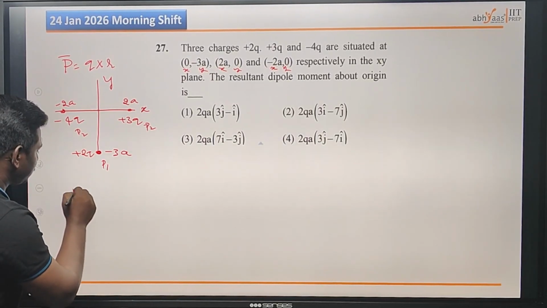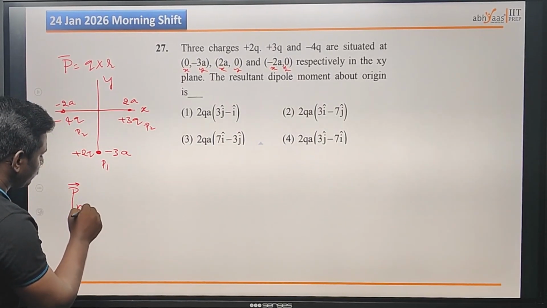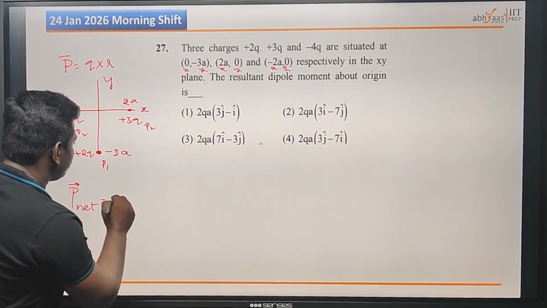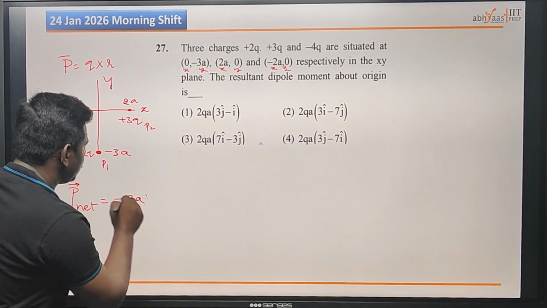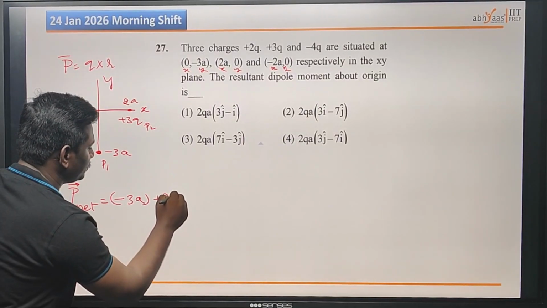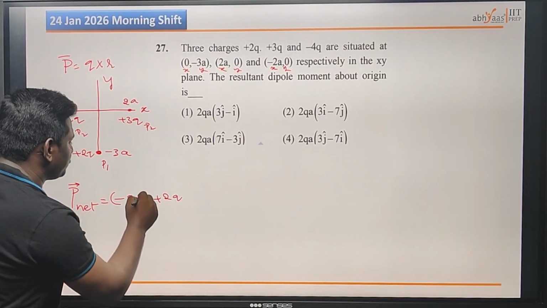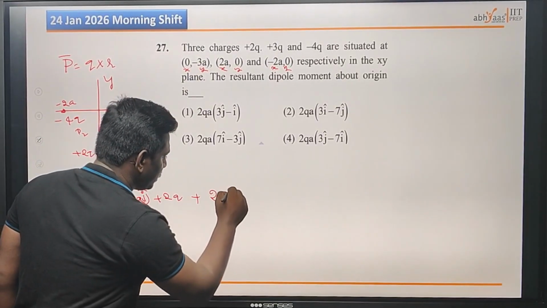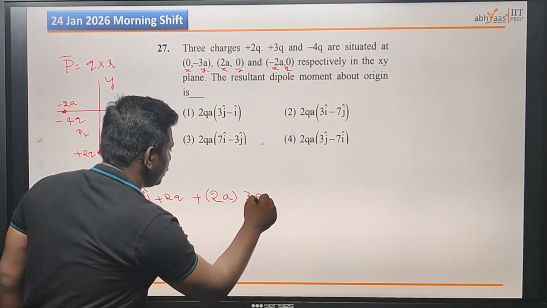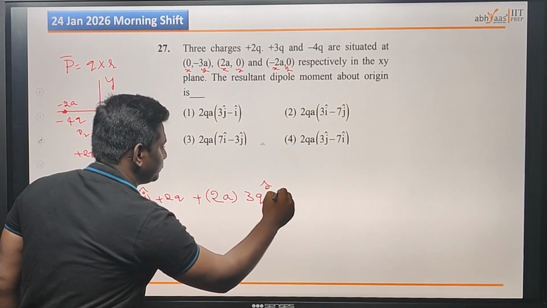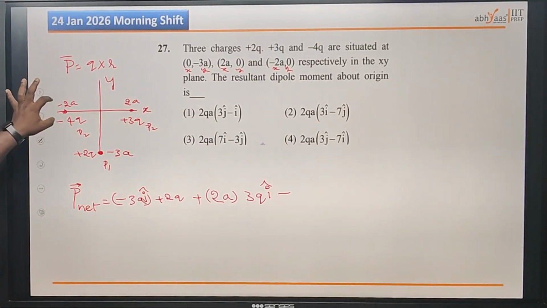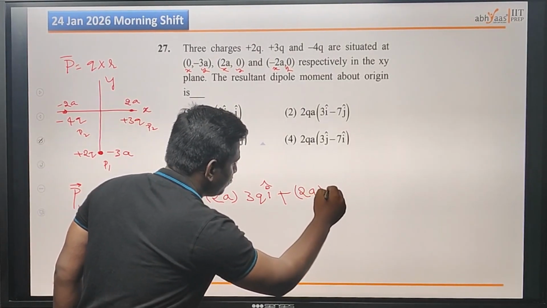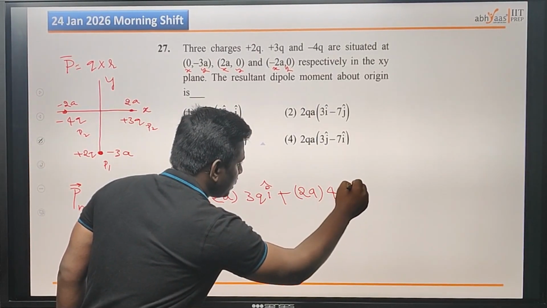So P can be written as: minus 3A into plus 2Q, this is J cap, plus 2A into 3Q I cap, minus of minus plus 2A into 4Q I cap.